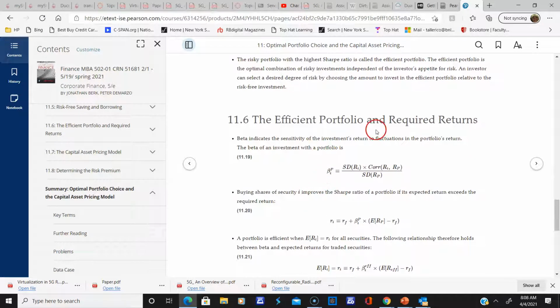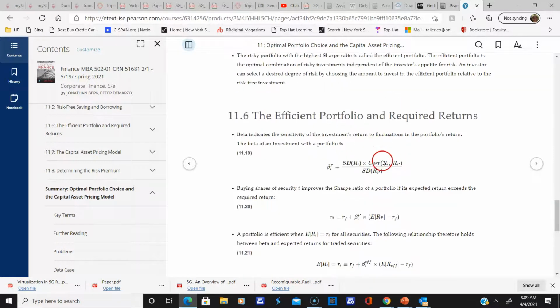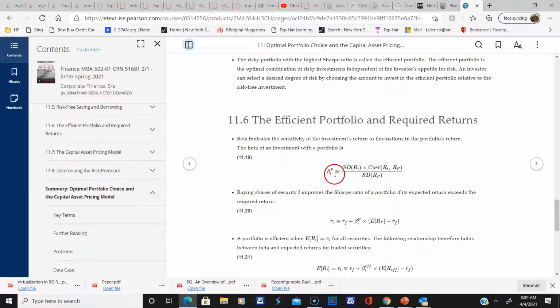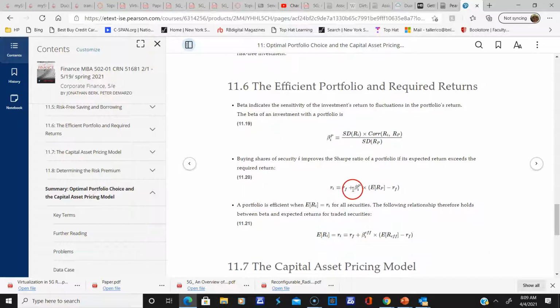And the efficient portfolio and required returns, and you can clearly see here we're calculating the beta of a portfolio, okay? And this is, I guess, equation 11.19. So you can see now, here is the expected return. And you can clearly see here, we're using the beta of the portfolio.